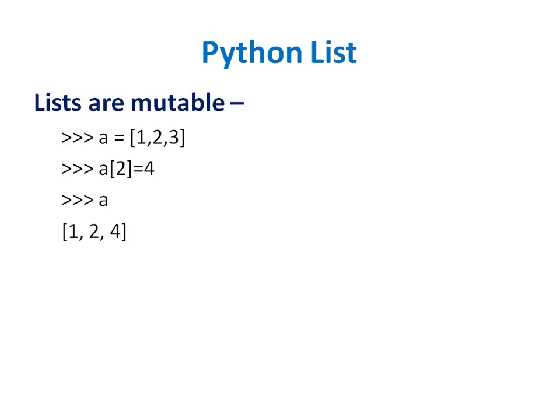That is, you can modify an element of the list. Suppose a given list is a = [1, 2, 3]. If we assign a[2] = 4 and print the list again, it is going to print [1, 2, 4]. That is, the element 3 has been replaced by 4. So this is the meaning of being mutable.